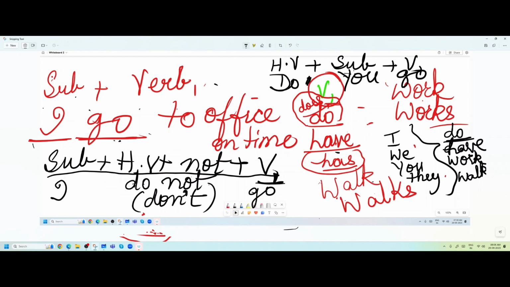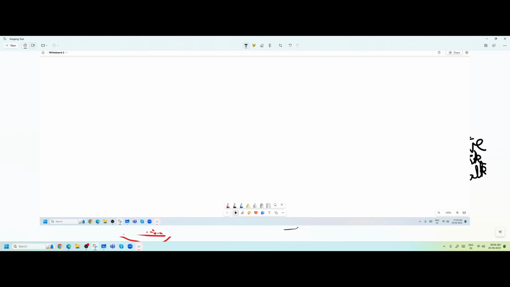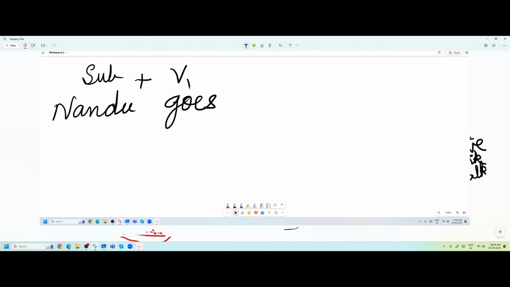Now let's go back to the structure with the third person. So what is it? We have a subject, we have a verb. So verb in the first form. So let's make Nandu goes to office on time.